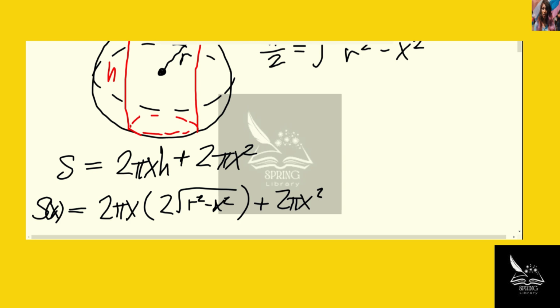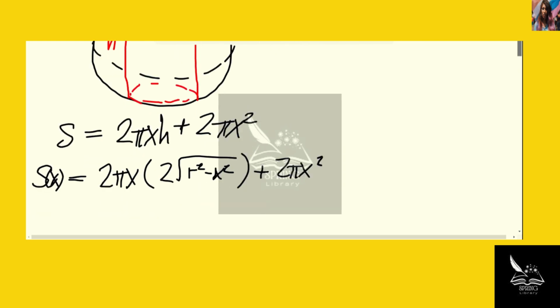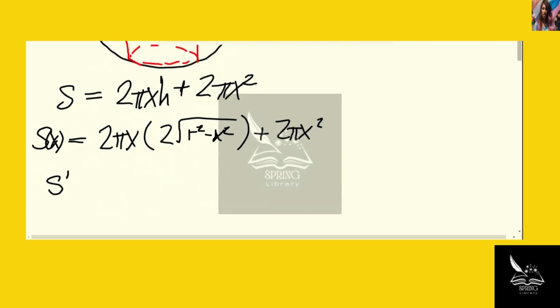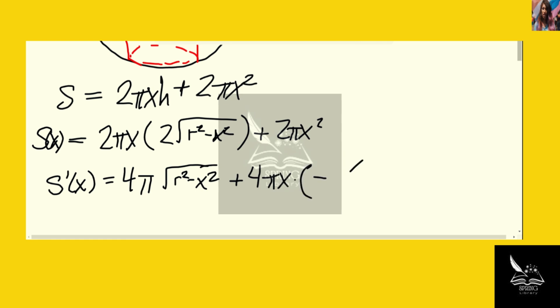Now to find the largest possible surface area, we're going to use derivatives. So I'll differentiate. S prime of x is 4 pi times the square root of r squared minus x squared, plus 4 pi x times negative x over the square root of r squared minus x squared, plus 4 pi x.